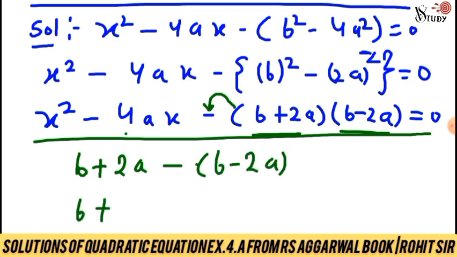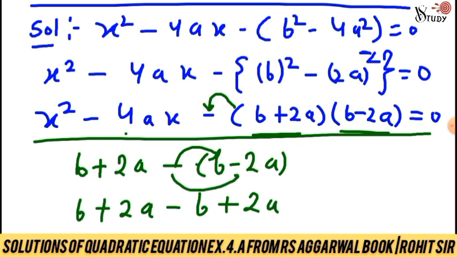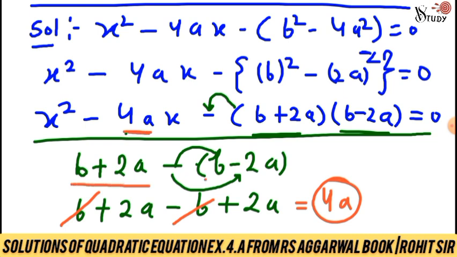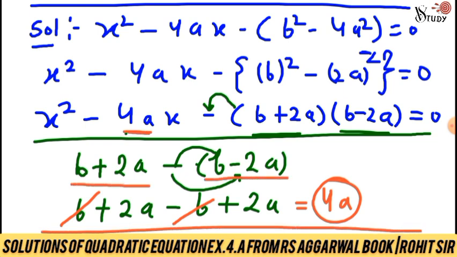Now for that b plus 2a and negative b and positive 2a. When this negative is going to multiply with positive b, it becomes negative, and when it is going to multiply with negative 2a, then it becomes positive. So here they have the same coefficient, they cancel each other, and we have 4a. So we understand that in place of 4a we can write this and this. This is our basic strategy.